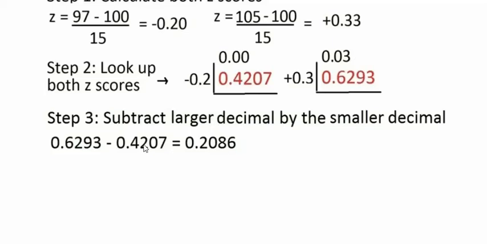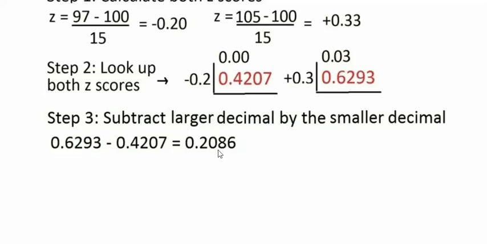Now it's important to remember that we're not subtracting the z-scores from step 1. We're not going to subtract 0.33 by negative 0.20. Instead, we're going to take the 2 numbers from the table, the 2 red numbers, and subtract them by each other. So it's the 2 numbers from the table that are being subtracted.